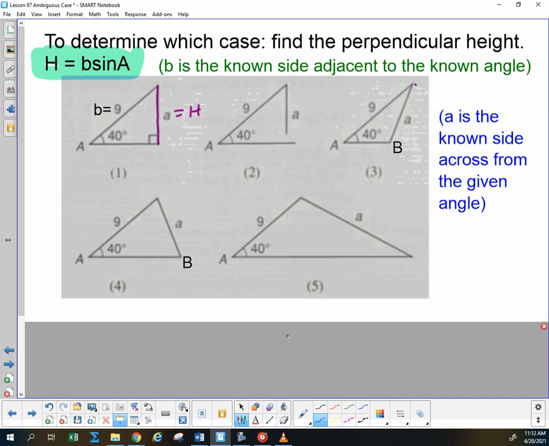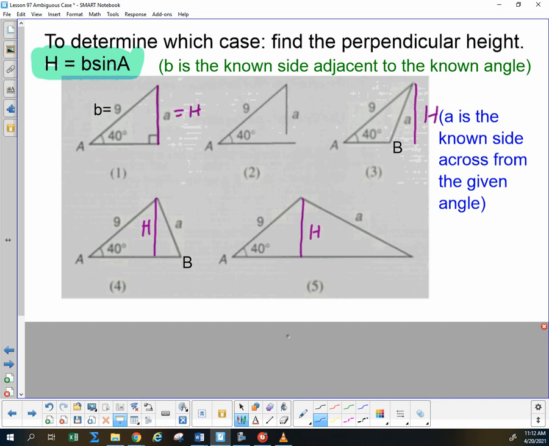If I had this one where I got the obtuse angle, my height would still be that same amount like in the first picture. Or if I had this one where I pulled the side out and had the acute angle, my height would be the same. So for all of these with the 9 and the 40 degrees, that height would be the same right there. That's going to be the trick to what's going on. It's the first thing that we have to do to compare and figure these out.